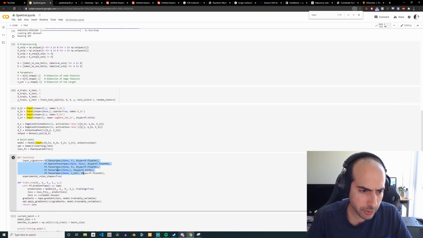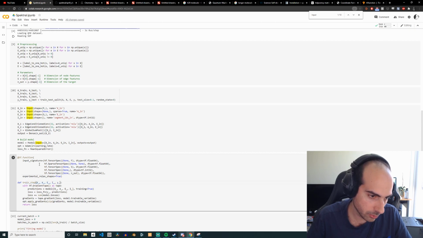So in this TF function here, what they're doing is defining the data type for most of the stuff that you're going to be working with, basically this here. So here you're saying X is going to be a data type consisting of floats. They're all floats except the third one.